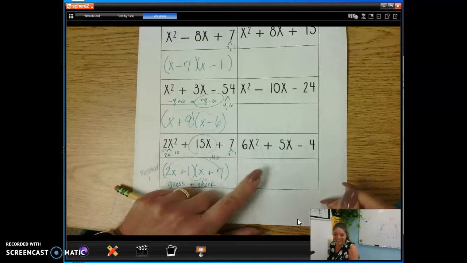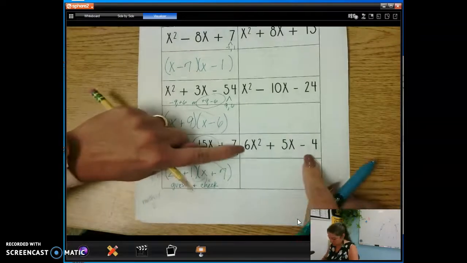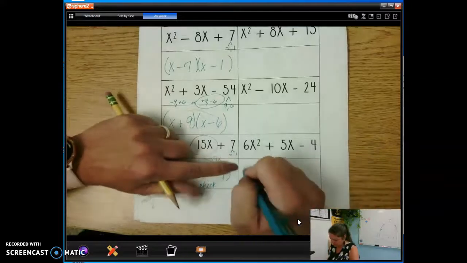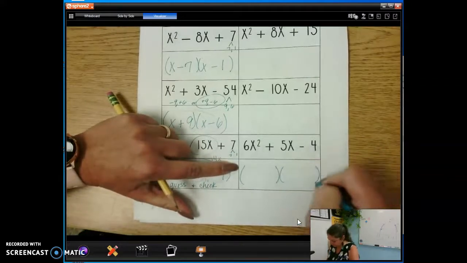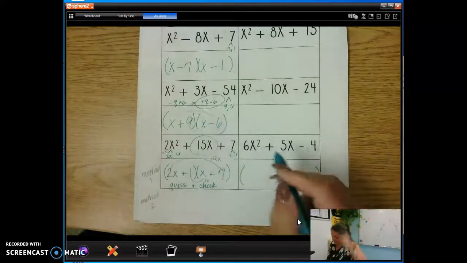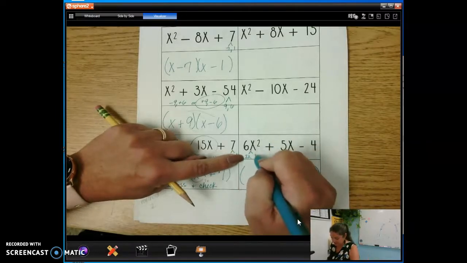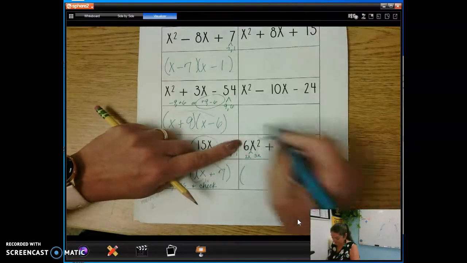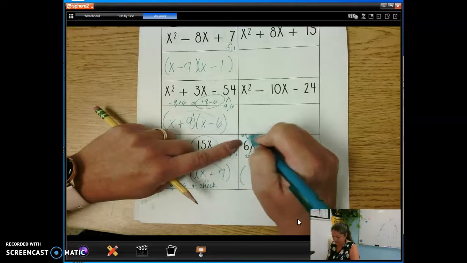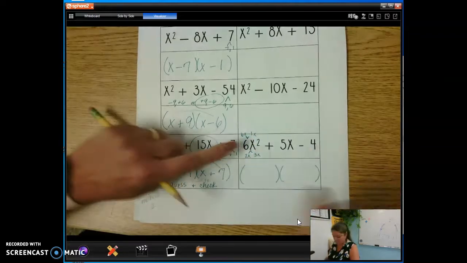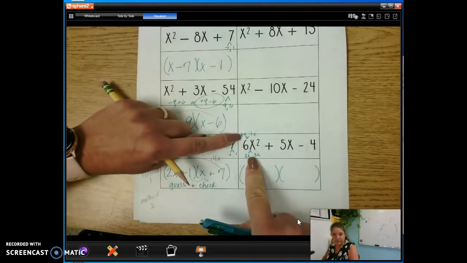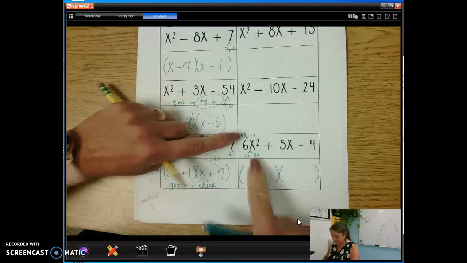Okay, here's where it can mess you up, and that's when you have multiple choices. So if we look at this one, I'm going to do guess and check. So for this one, again, I'm going to write my parentheses. Now, 6x squared could be 2x and 3x, or it could be 6x and 1x. We're not sure, right? These are your first terms.